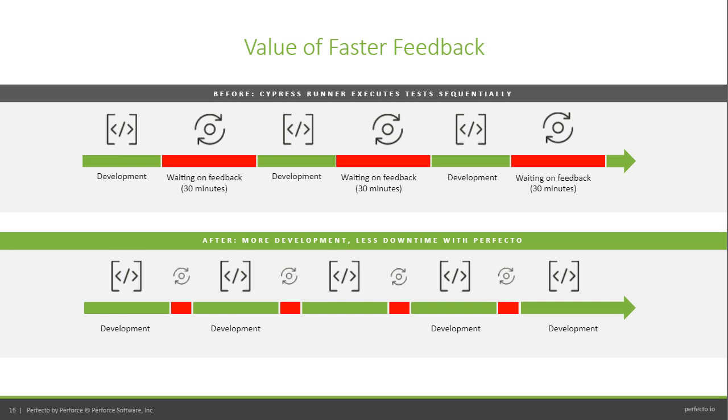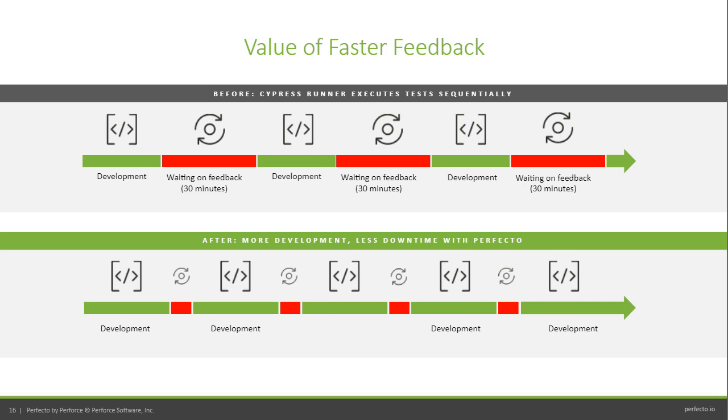And typically we see that if you have an existing suite of tests, it could take at least 30 minutes or more. But every time they're waiting on feedback, this is where they'll lose interest or do something else. So really what they're doing is switching from one thing to another.